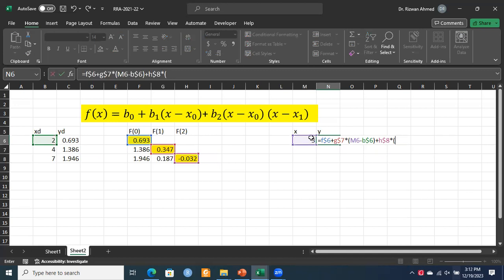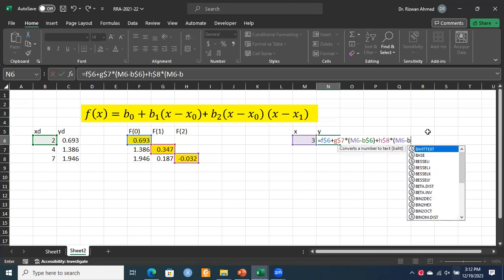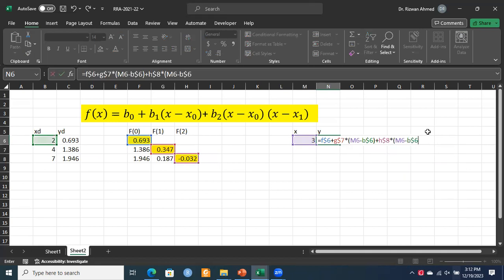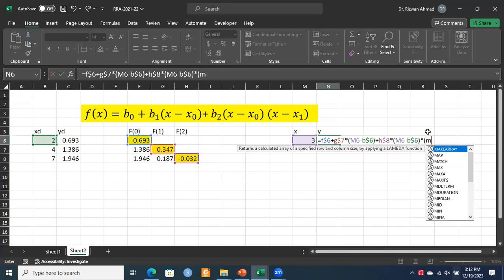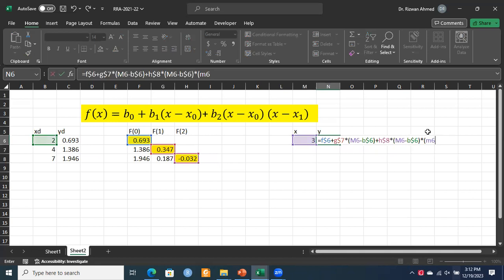Then the x value, x minus x naught. So again, I can pick from b$6, x minus x naught times x from m6 minus x1. So x1 is at b$7. So that's the value generated by the polynomial.